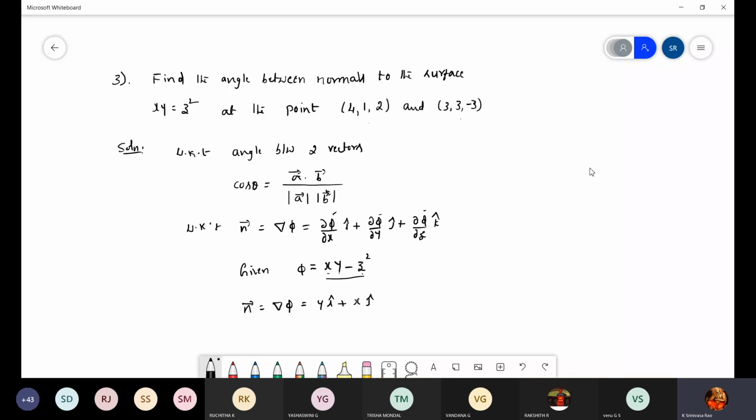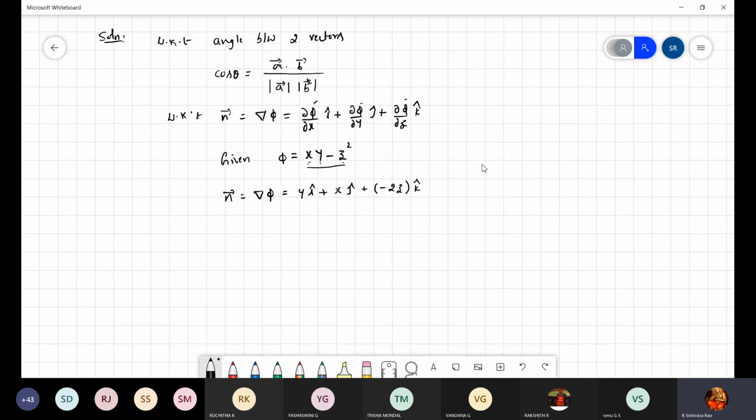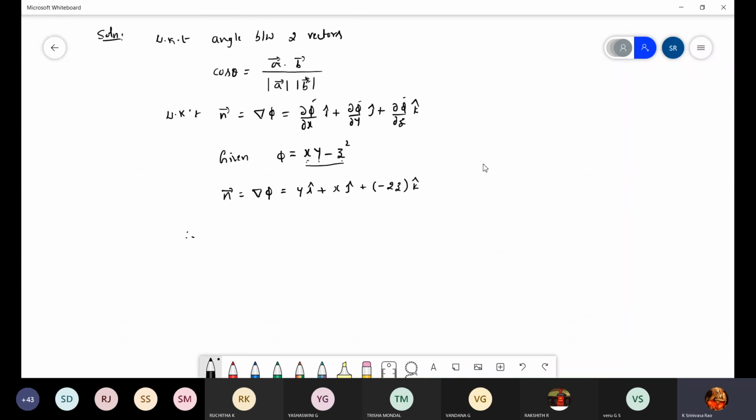Plus with respect to z, differentiation of xy is 0, and z square differentiation gives minus 2z k cap. Therefore, n equals y i cap plus x j cap minus 2z k cap. No need to write grad phi here because we are solving with respect to normal only.